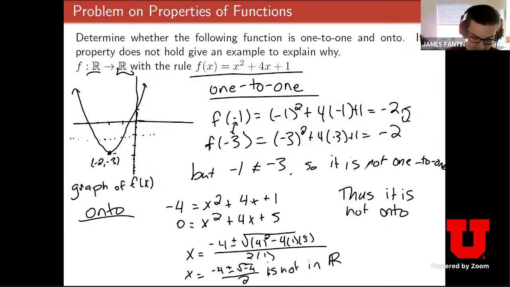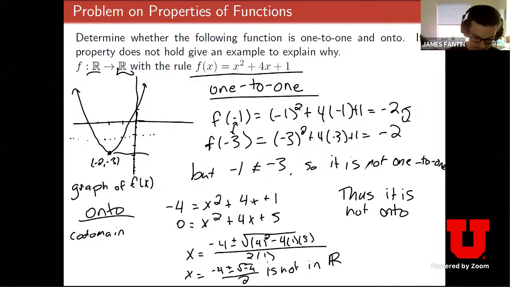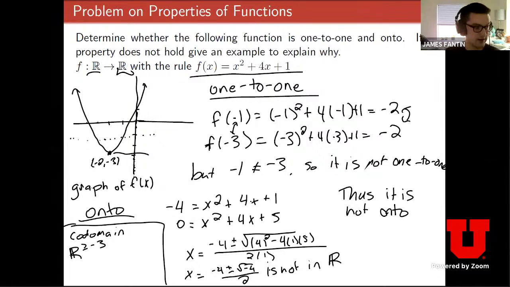So if we had instead changed the codomain of this function to be the set of all real numbers greater than or equal to -3, this would be an onto function, because then our codomain is just restricted to the values that we have defined for our function.